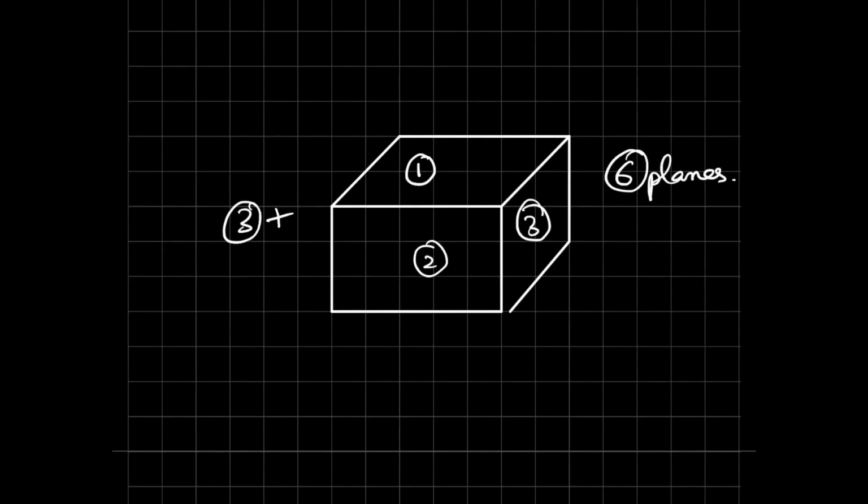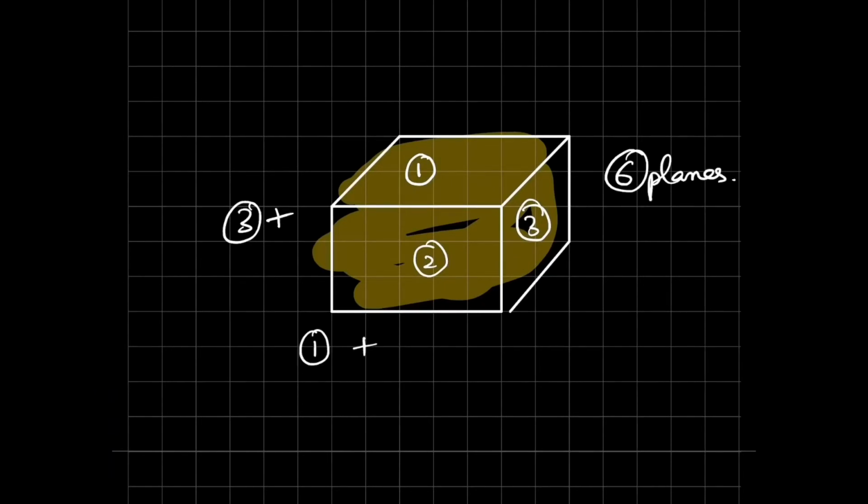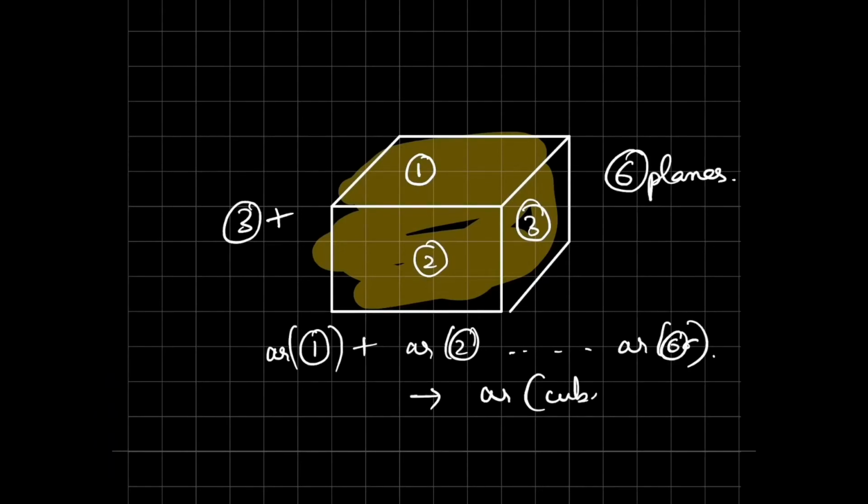And when I'm calculating the surface area, this whole surface area and the thing behind it, I am actually adding the areas of all of these surfaces, area of 1 plus area of 2 till the area of 6. I am adding that to get the surface area of the cuboid, which the area which I'm going to get will be in terms of square units.